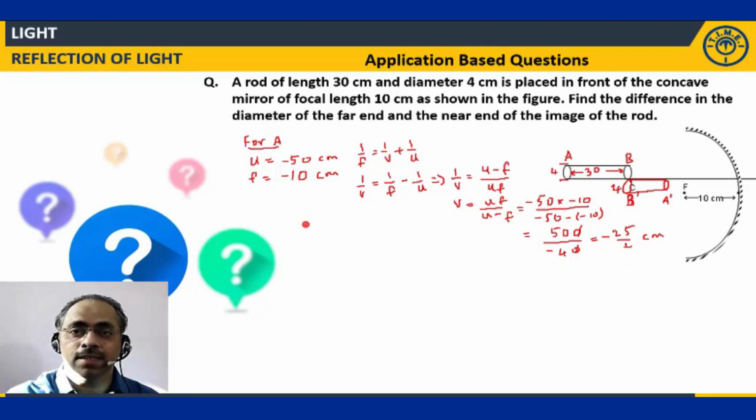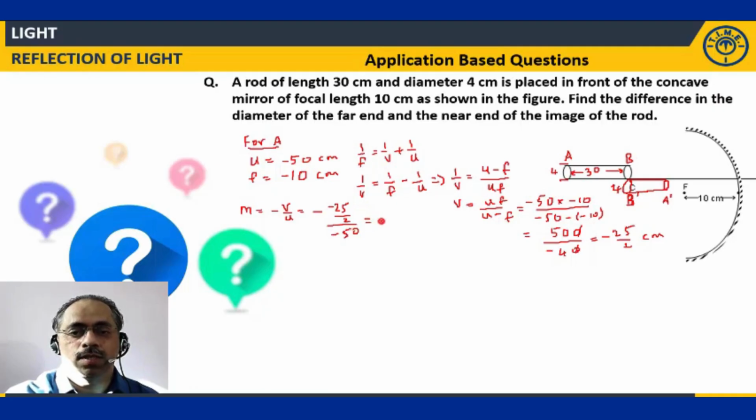But are we interested in that? No. What we want? Magnification. Because the diameter at the point A is 4 centimeter. I want to know what is the diameter at the point A dash. So for that I need to know what is the magnification. Magnification is equal to minus V by U. So what is minus of V is minus 25 divided by 2 divided by U is minus 50.